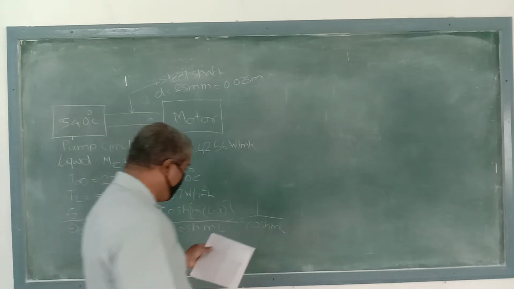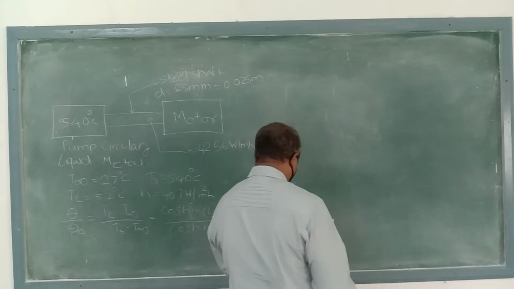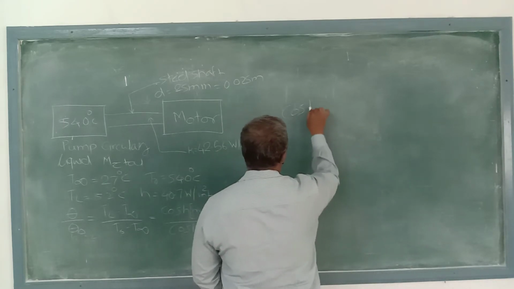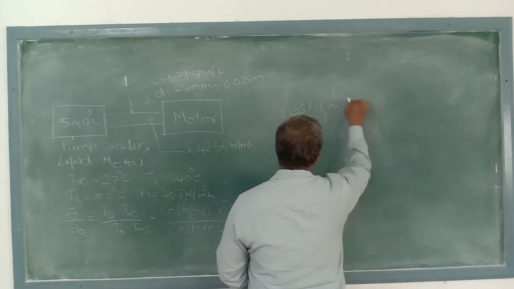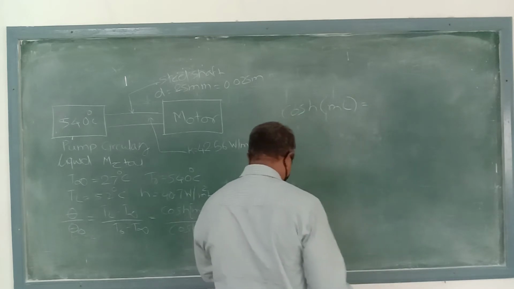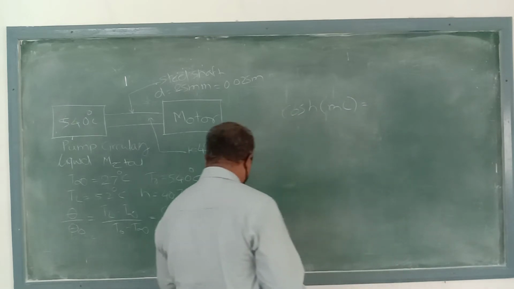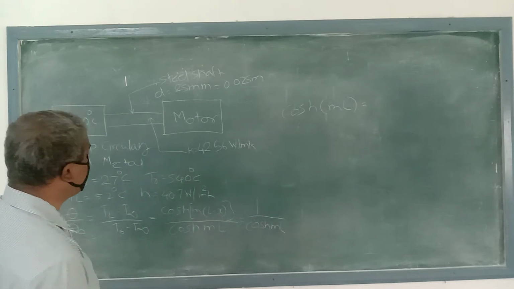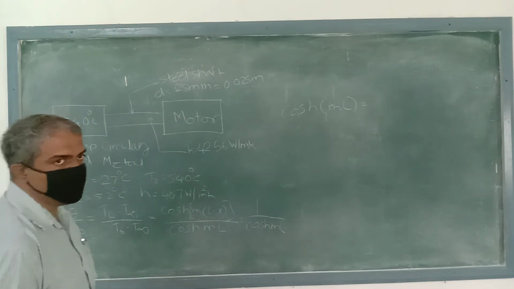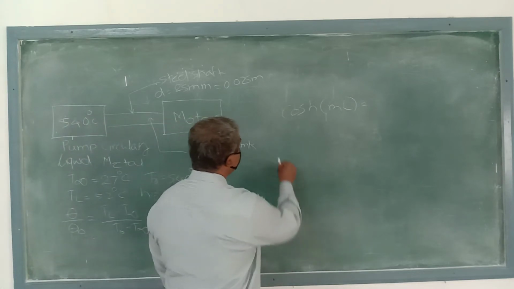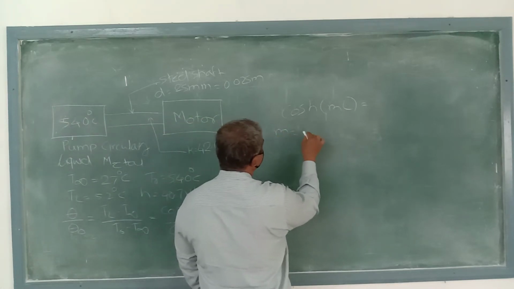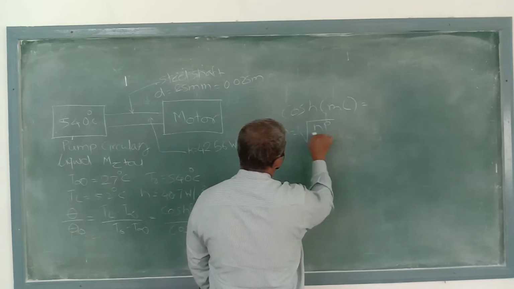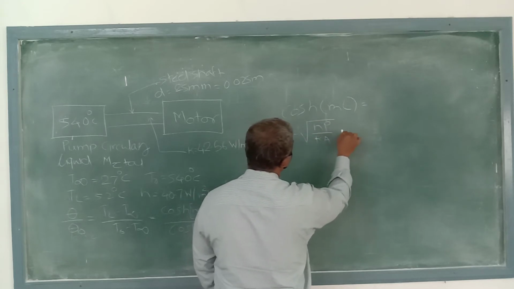So in this problem, first of all, we have to find the cos hyperbolic of m into L. After substituting the values, first of all we have to calculate the value of m, as we have m is equal to under root hP by kA.